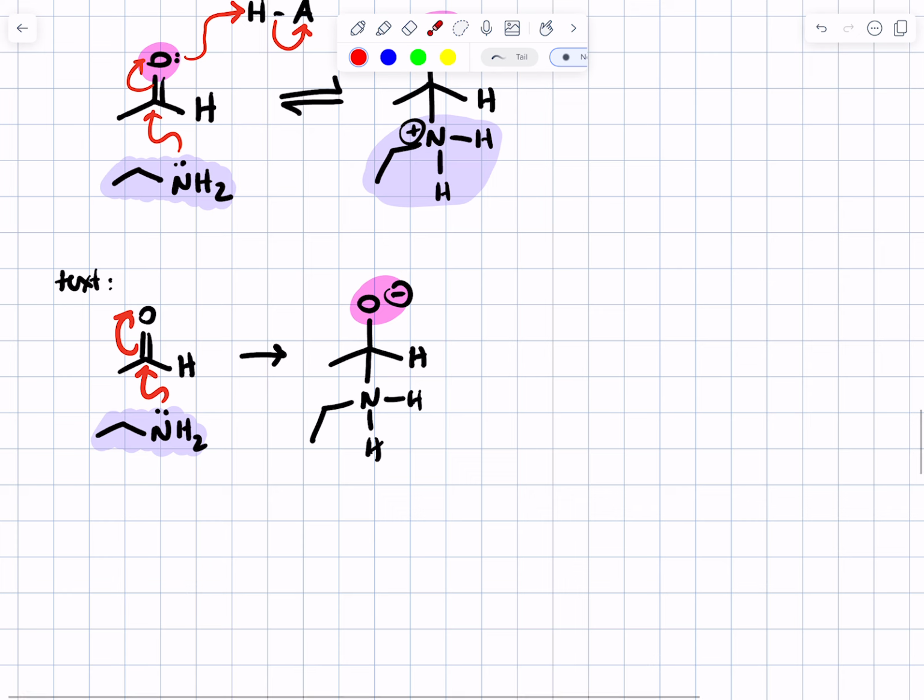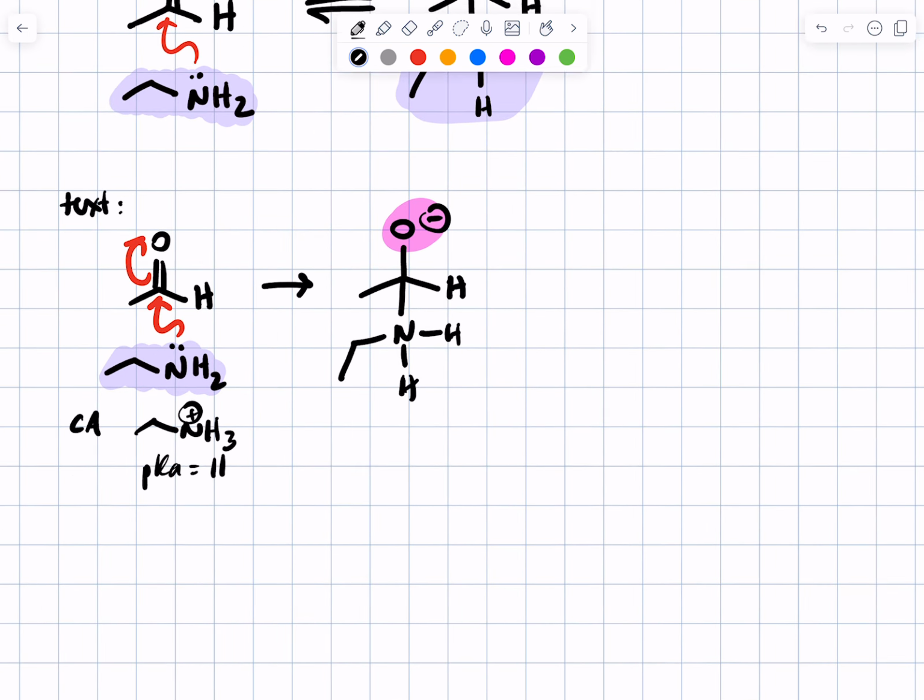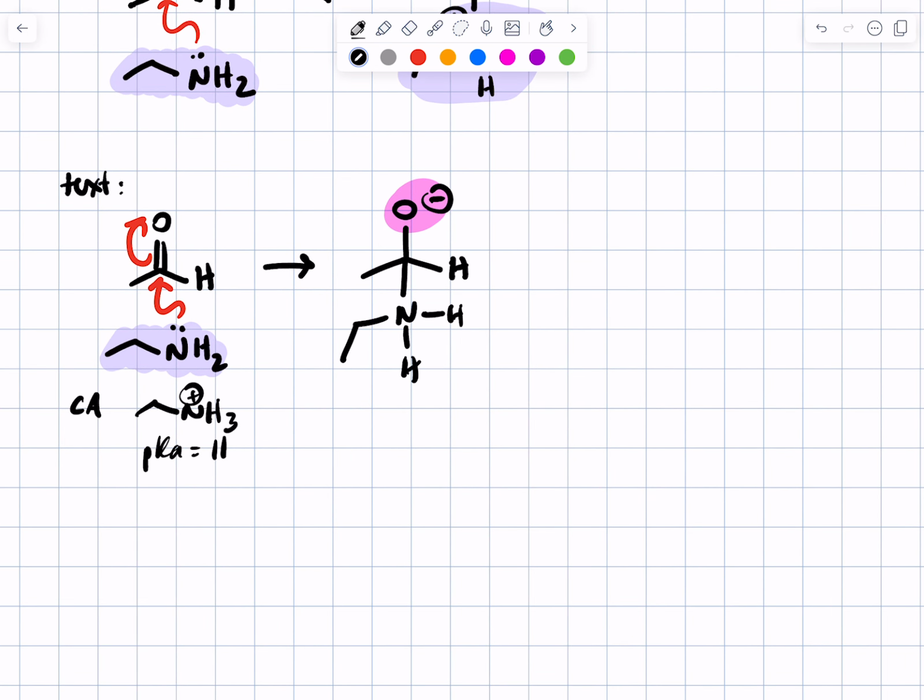Starting with the text, we ask, is this nitrogen nucleophilic enough to generate a negatively charged oxygen? To make that comparison, draw the conjugate acid of your nucleophile, which is this ammonium molecule. It has a pKa of around 11, and we use conjugate acid pKa's to rank reactivity of bases or nucleophiles.